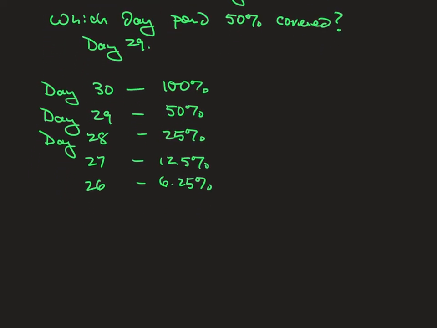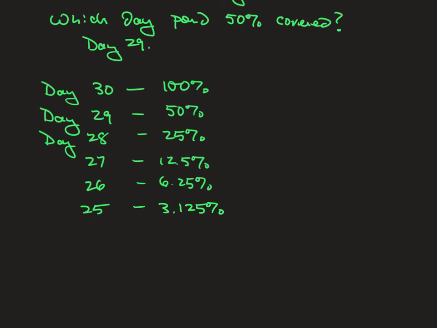Day 25, what is that? 3.125% covered. Okay, but so by day 25, only 3% of the pond is covered. In the last 5 days, it goes from 3% to 100% covered.